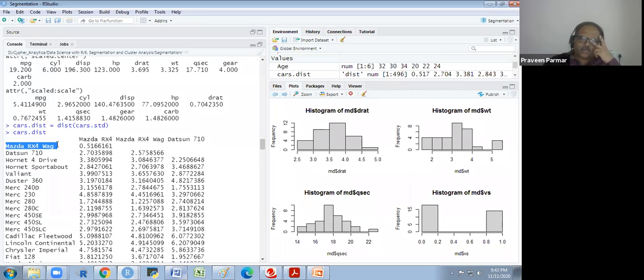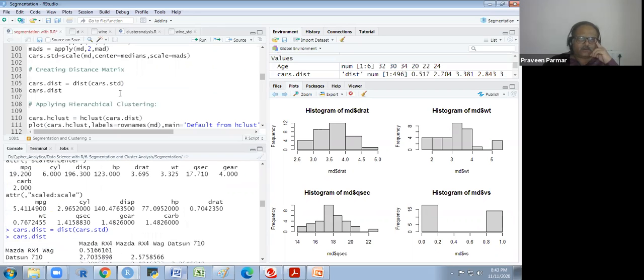If we see the multi-dimension, the Mazda RX4 Wagon with the Mazda RX4 only, it is the distance. And here we are, Datsun 710 with this distance. So it is the distance we are getting. Got it?